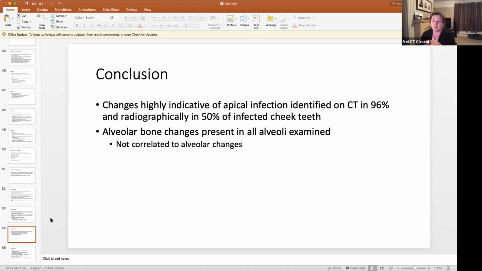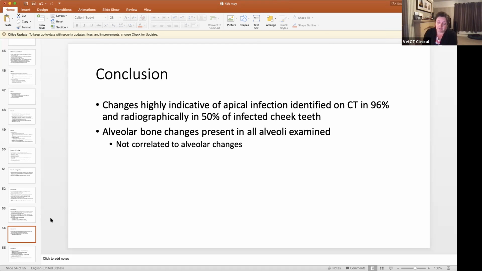The main difference between this paper and the same group's previous paper, which was clinical, is that these were cadaver heads and they took out the alveolar bone as well as the tooth. So they looked at the alveolar bone. They didn't particularly identify any specific CT change of the alveolar bone, but histopathologically, all the alveolar bone was abnormal.